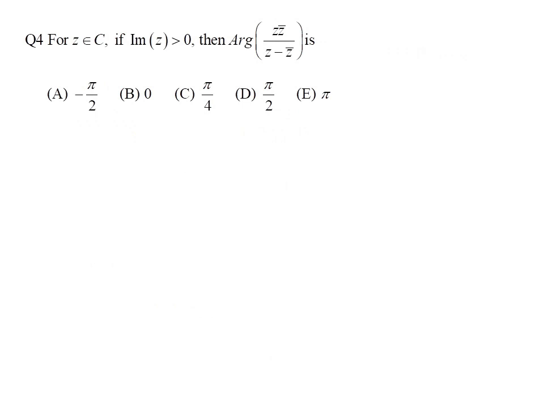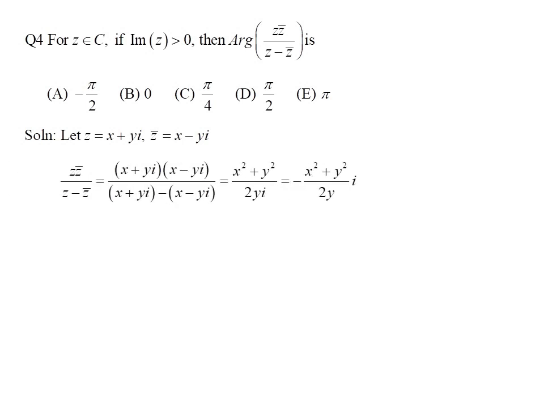In question 4, it is given that z is a complex number and its imaginary component is greater than 0. The question here is to find the argument of z multiplied by its conjugate over the result of z minus its conjugate, in parentheses. Here we let z equals x plus yi, which gives the conjugate of z equals x minus yi.